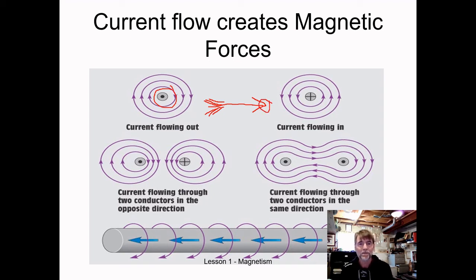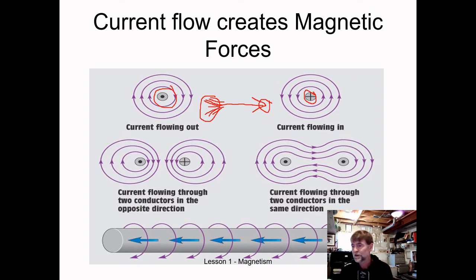That image in the top left means that the current is flowing out of the computer screen towards us. The plus sign over here in the top right means we are looking at the quills at the back of the arrow, which means that current on that conductor is flowing into your computer screen, away from you. So that's what those details tell us.